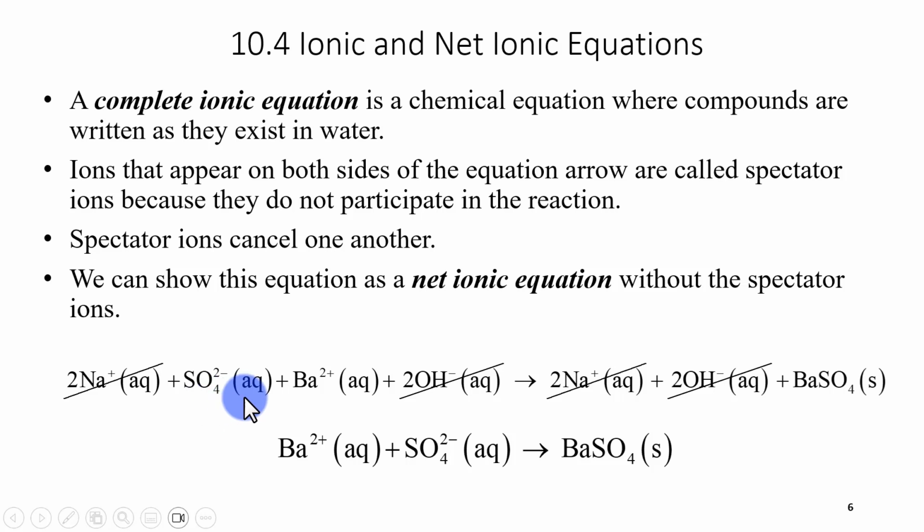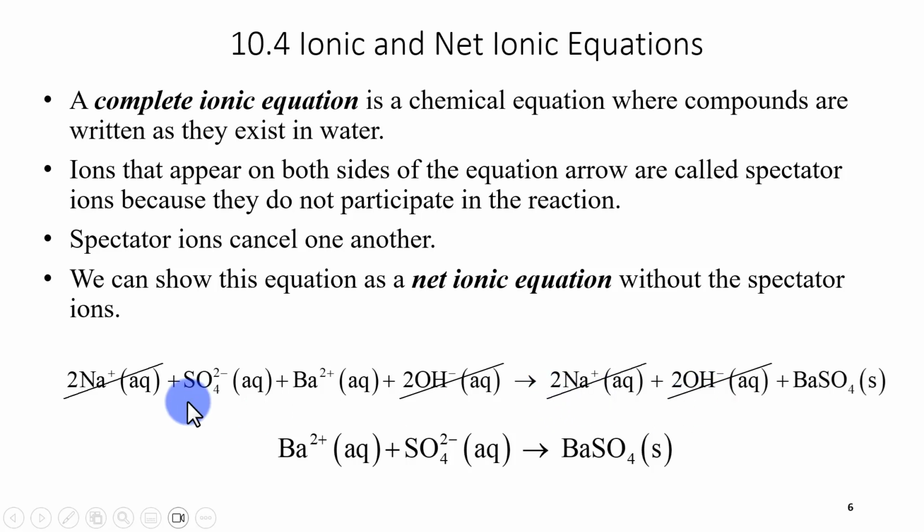Now note that I don't have to write any other coefficients because the 2 plus and the 2 minus cancel each other out if I write them BaSO4. And if I follow the solubility rules, you will find that sulfates are soluble except if one of the exceptions is barium. And therefore, barium sulfate is insoluble, so I put an S next to it.